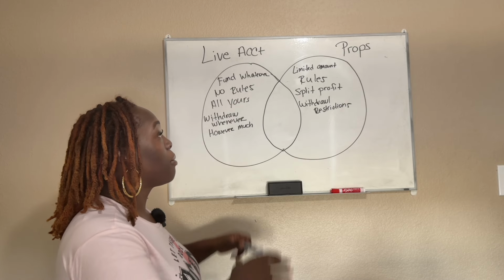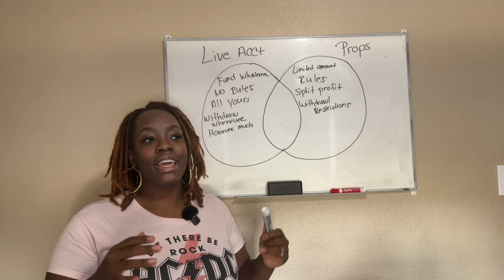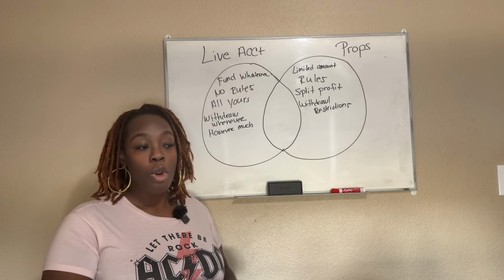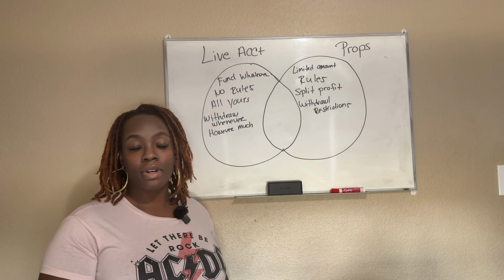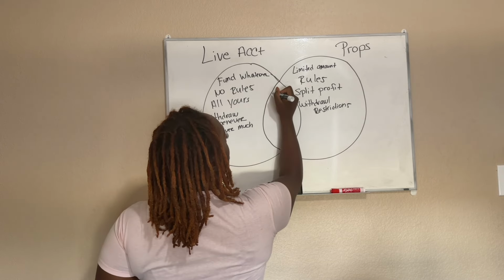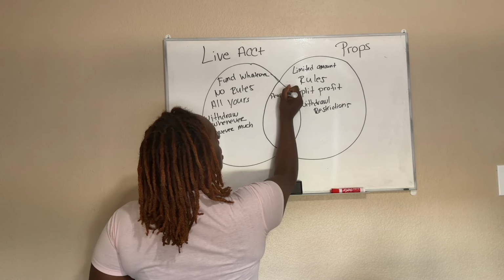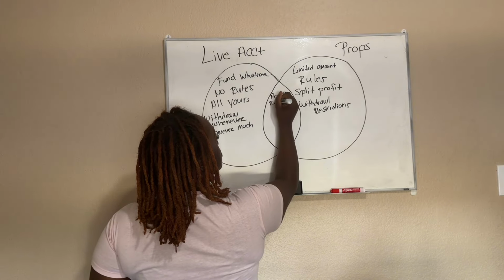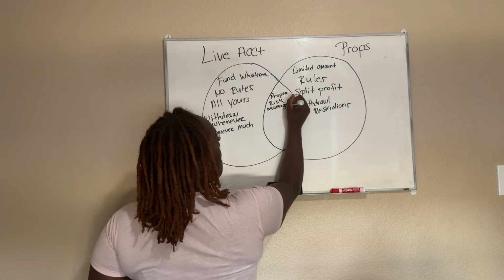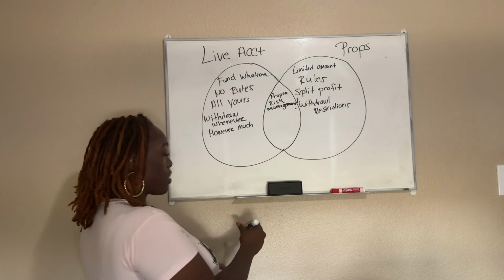Okay, but let me tell you where they come together. No matter if you're trading a live account or a prop firm account, guess what you have to have on both? All right, you have to have proper risk management.